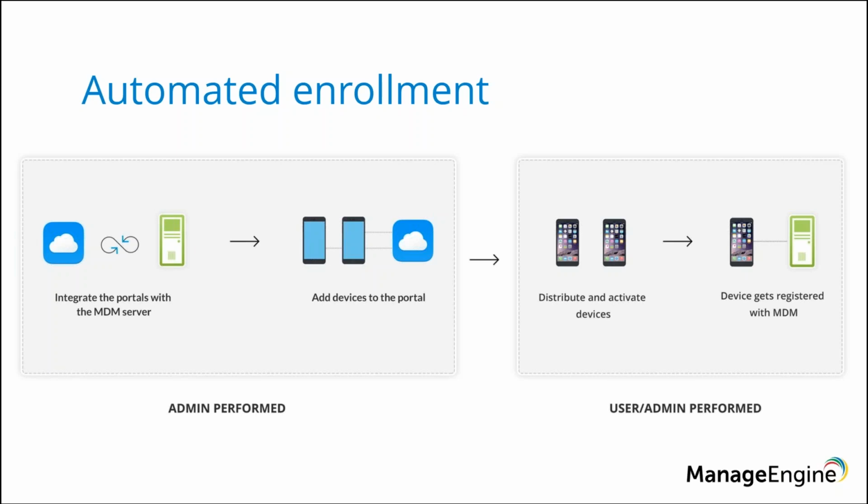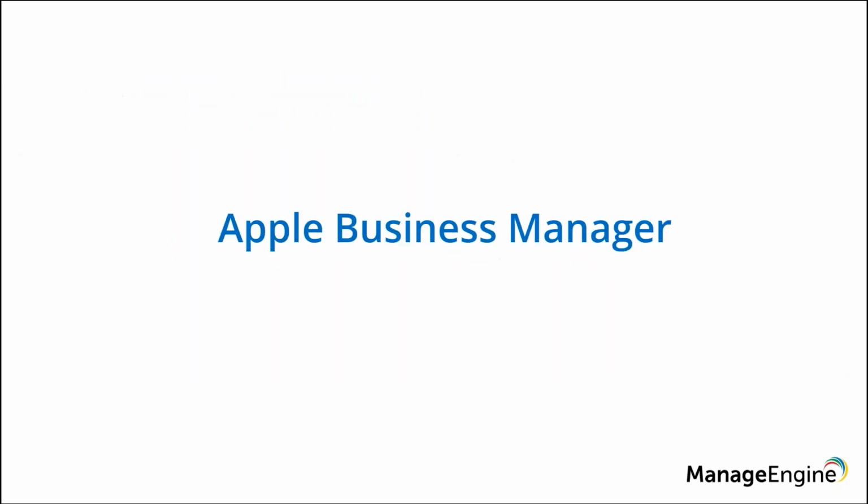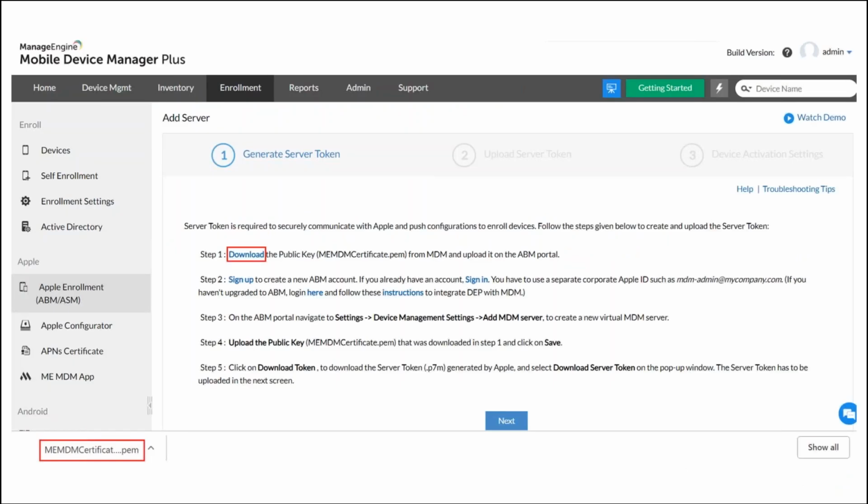Once the devices are turned on, they would get registered with the MDM solution. So the entire setup process depends upon the admin and the respective Apple services or Google services itself. On the mobile device, it's just turning on the device and it would automatically enroll into our MDM solution. So let's start off with the Apple Business Manager first.